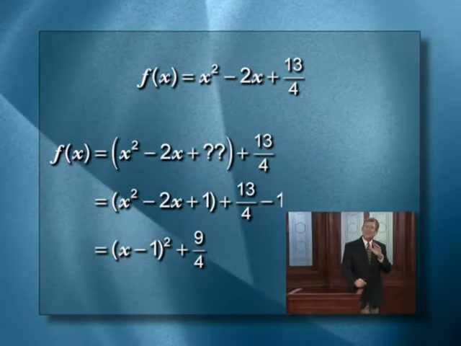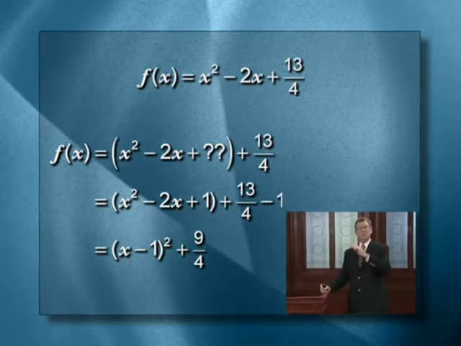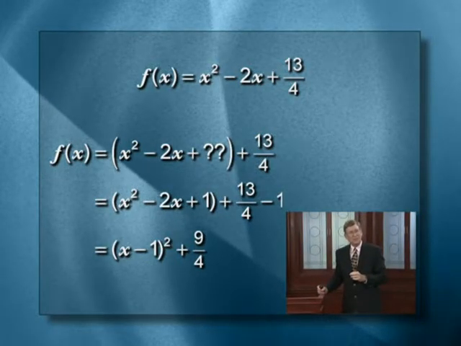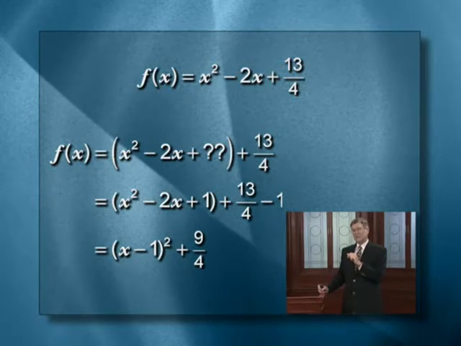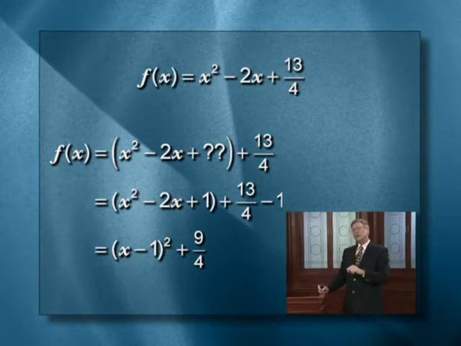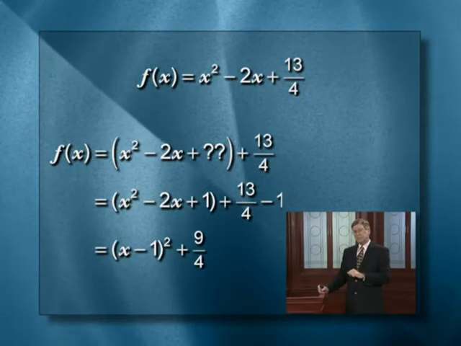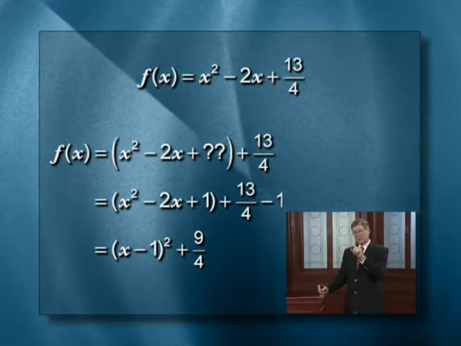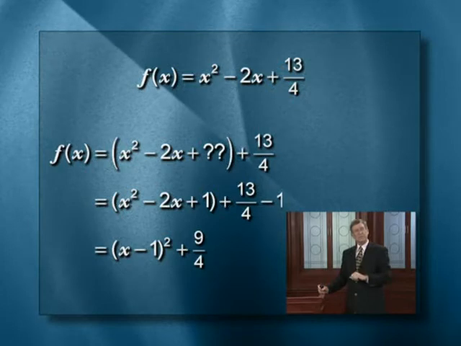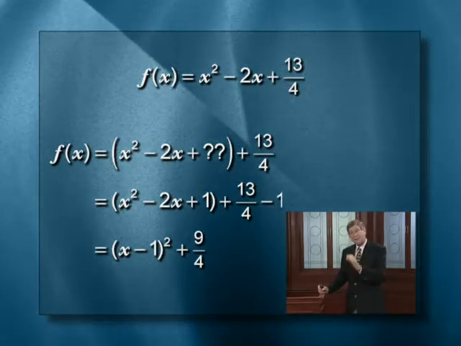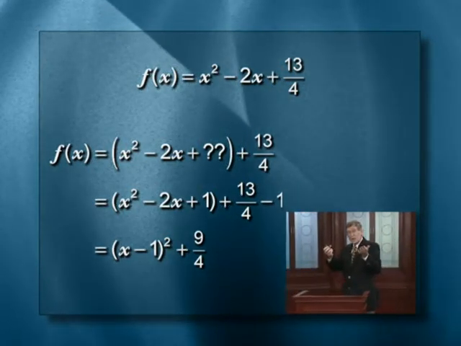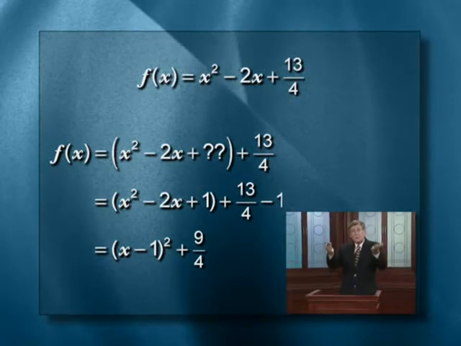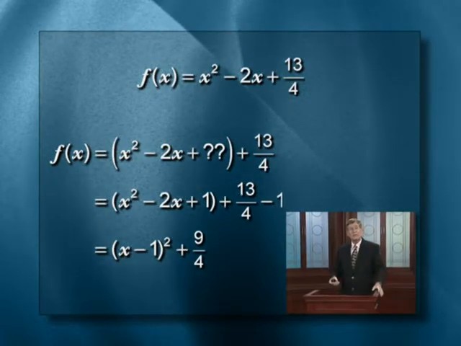Well, this is an interesting version of that original quadratic polynomial. Because look what happens here. What's the smallest f of x can be? Well, if x is 1, then you get 0 squared plus 9/4, or 9/4. And for any other value of x, it's bigger, because you're adding a positive number to 9/4.